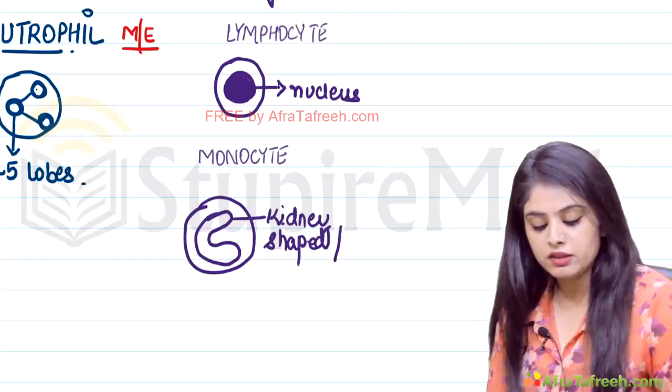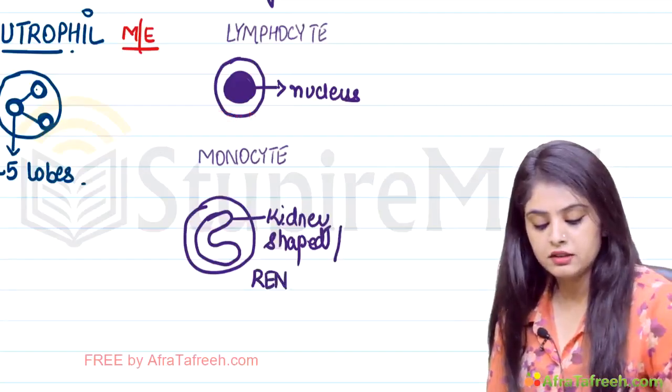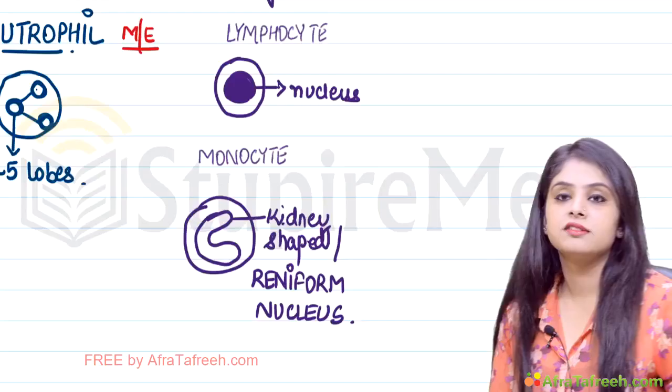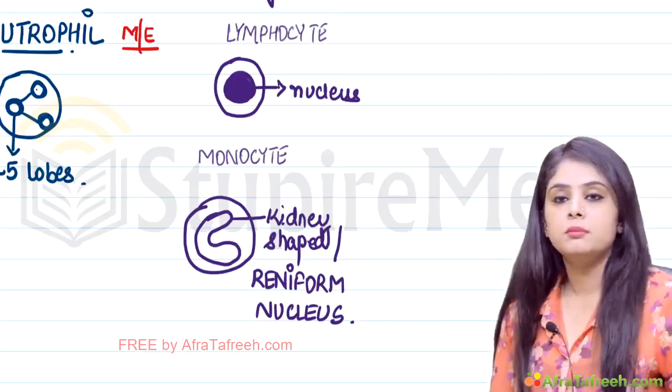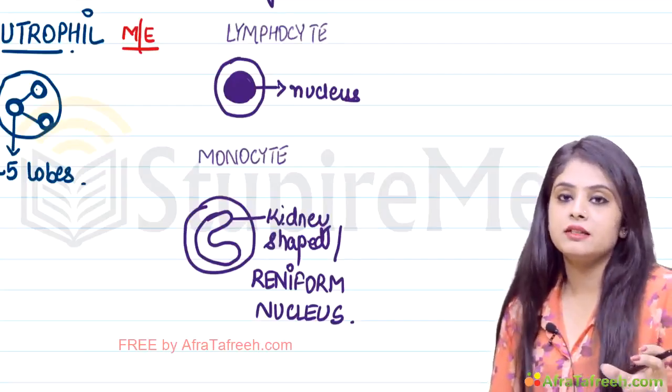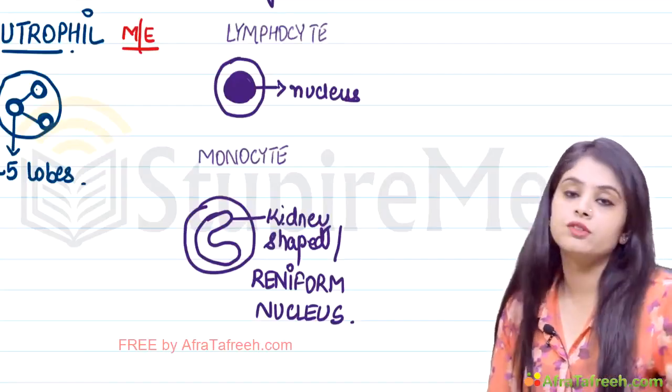So the kidney-shaped nucleus can also be known as the reniform nucleus. Kidney-shaped, bean-shaped, reniform. As soon as you see this nuclear characteristic, we are talking about a monocyte.